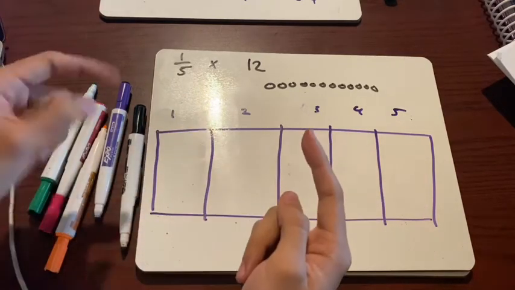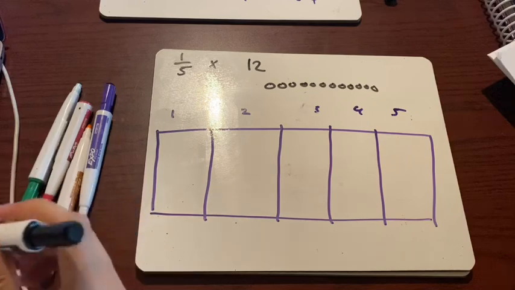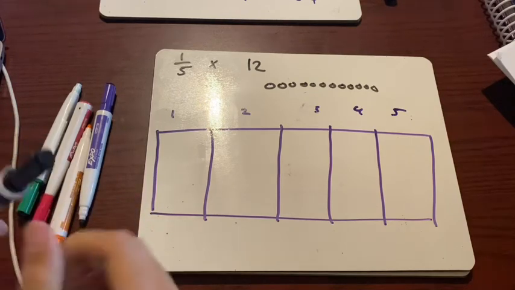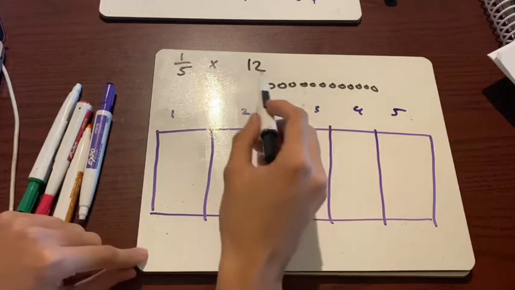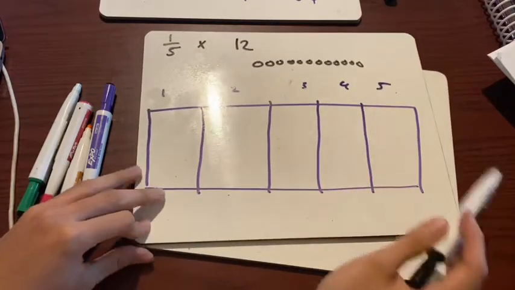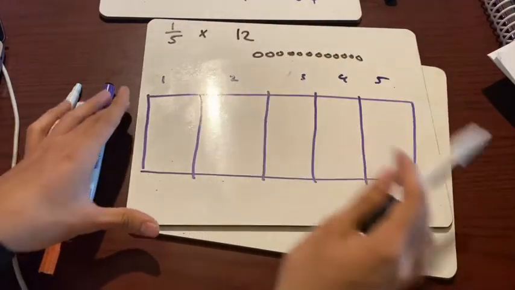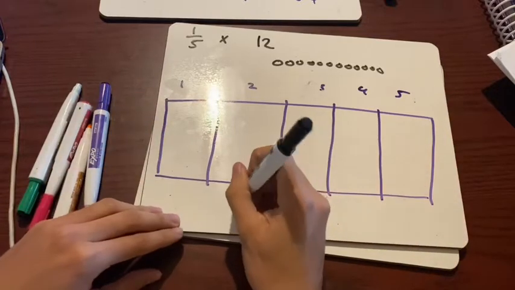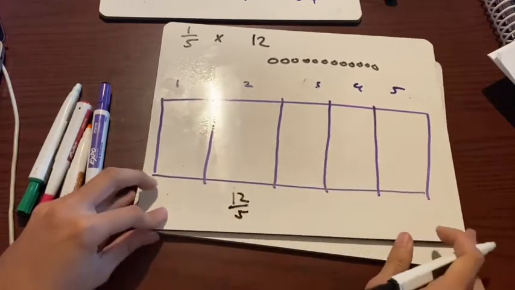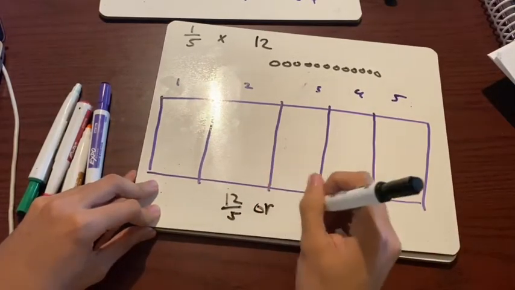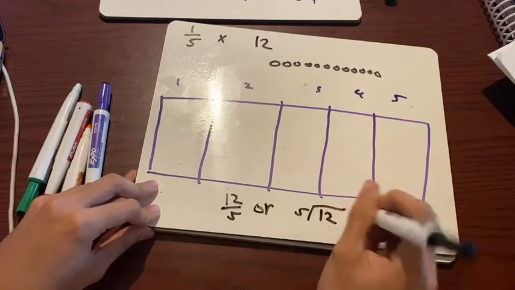So what are we going to have to do? We're going to have to divide. We're dividing these 12 into these 5 rows. So we have 12 divided by 5, or we can also rewrite that as like that.